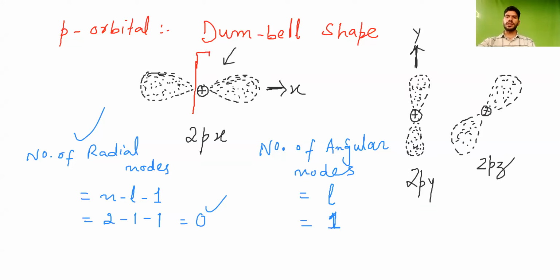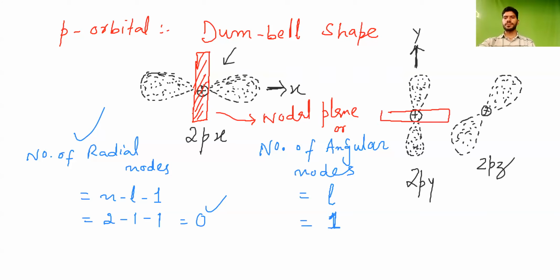Is there any electron lying in this plane, which I have shown by this red? This is the plane here. So this is called the nodal plane, or what we also call the angular node. Got it? In case of 2py, you can see that this is your nodal plane, and similarly in case of 2pz, here you can see this is your nodal plane.